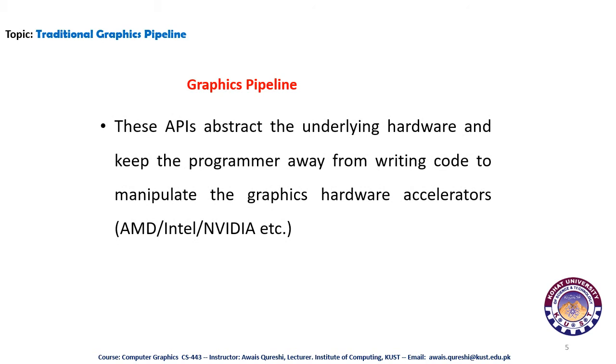These APIs abstract the underlying hardware and keep the programmer away from writing code to manipulate the graphics hardware accelerators like AMD, Intel, or NVIDIA graphics cards. So when we are using application programming interfaces, those interfaces abstract the underlying hardware.